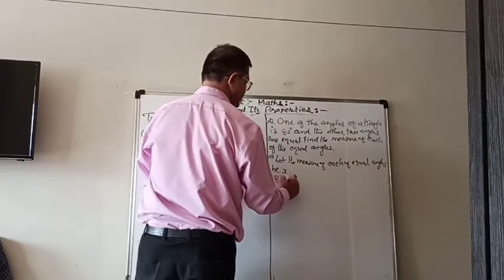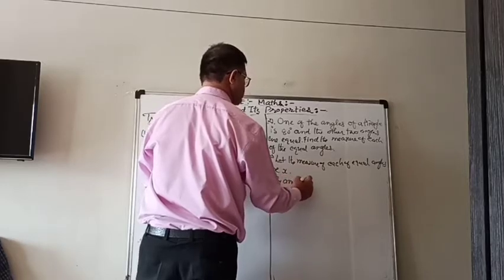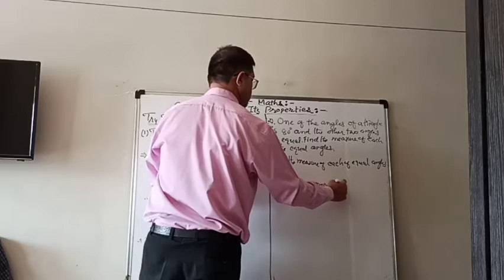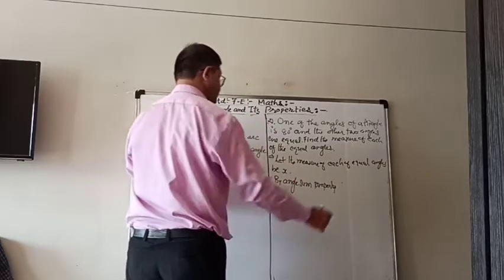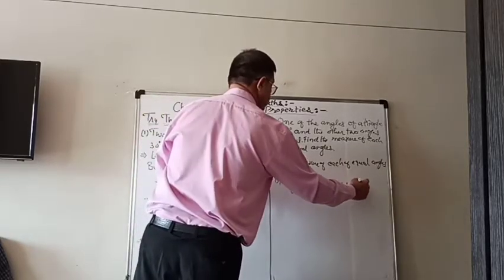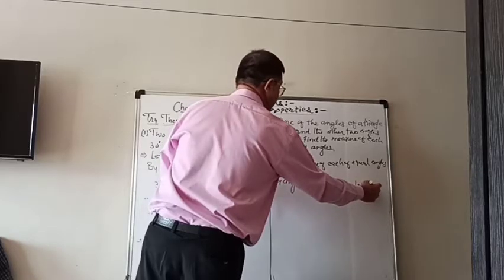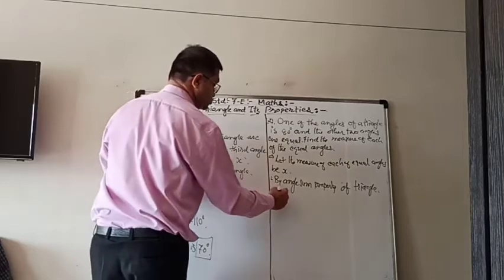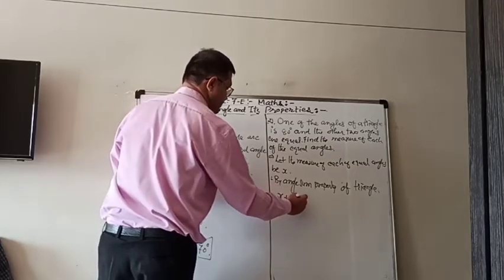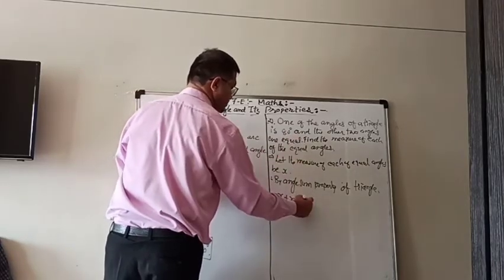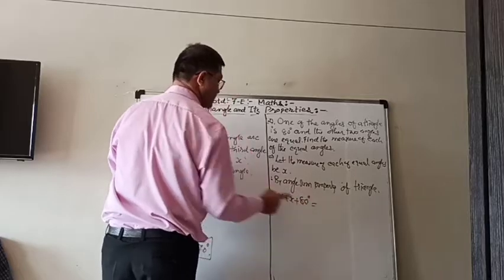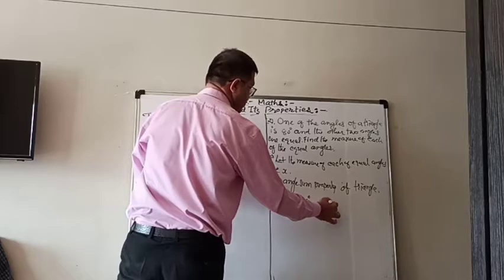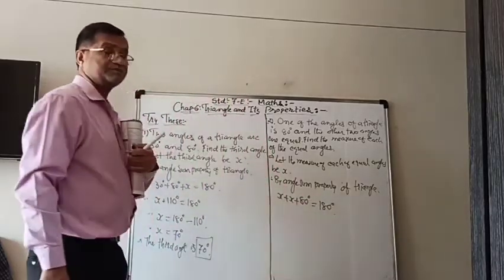So by angle sum property of triangle, we know that the sum of all the three angles is 180 degree. Two are equal, so x plus x, and one of them is 80. So x plus x plus 80 degree is equal to 180 degree.